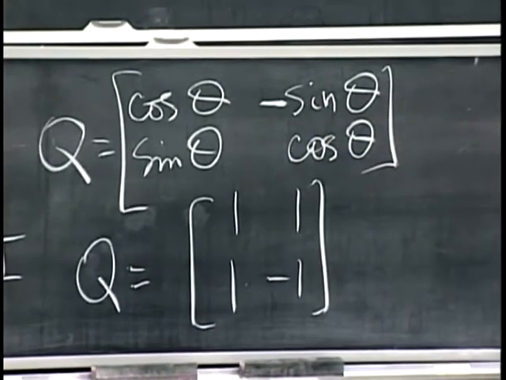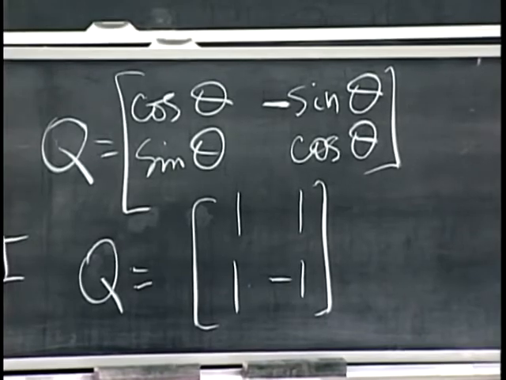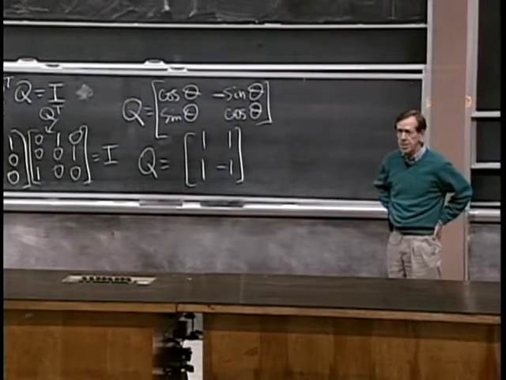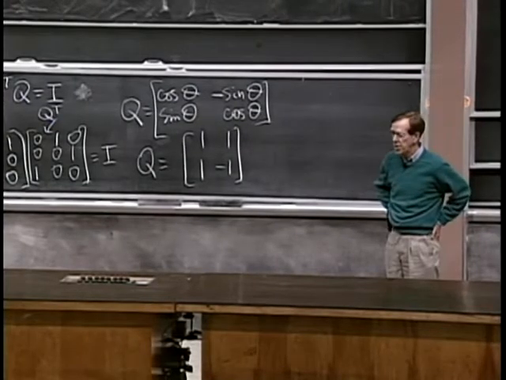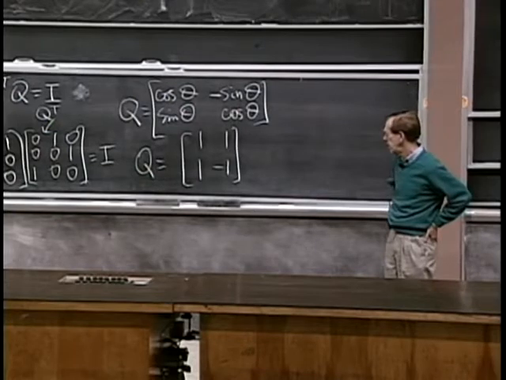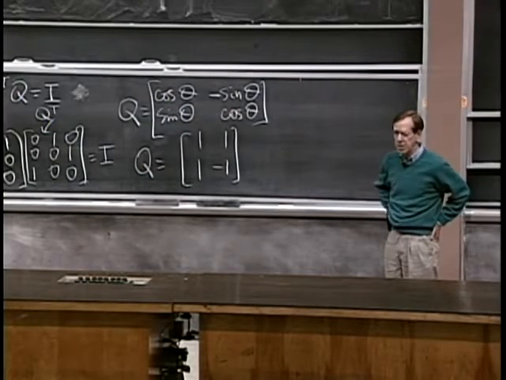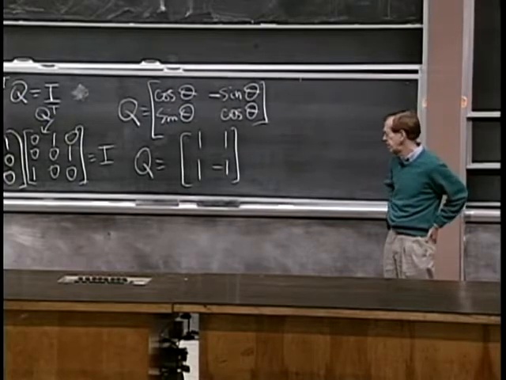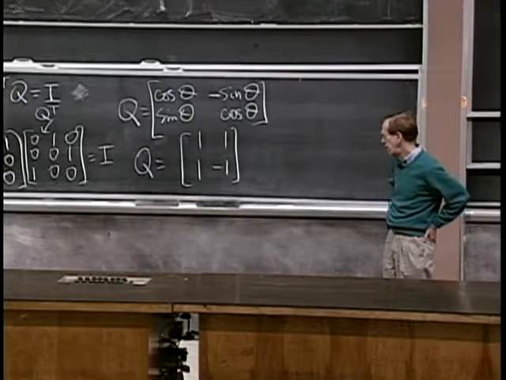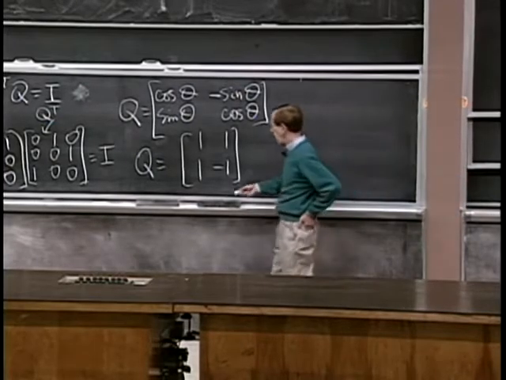Okay. So for example, Q equals, say, 1, 1, 1, minus 1. Is that an orthogonal matrix? I've got orthogonal columns there, but it's not quite an orthogonal matrix. How shall I fix it to be an orthogonal matrix? Well, what's the length of those column vectors? The dot product with themselves is, right now, 2.